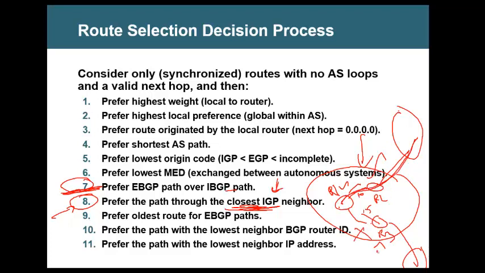What if both have the same IGP metric? Both are the same. There is no close or far. Then it comes to the ninth one. It prefers the oldest route for the eBGP path. Meaning, R1 will see who gave me the route first.